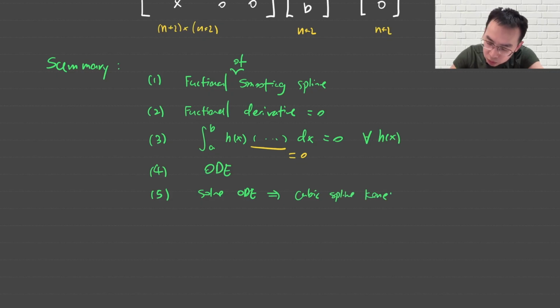So it's a sum of cubic spline kernels. That's our solution. And finally, we convert everything into a linear system to solve for the parameters.